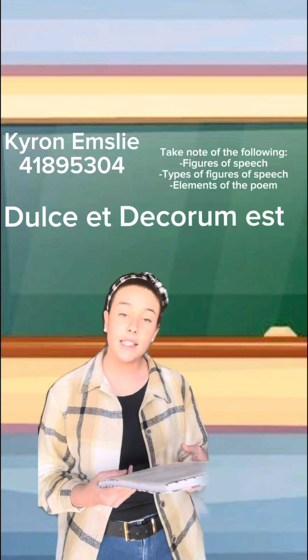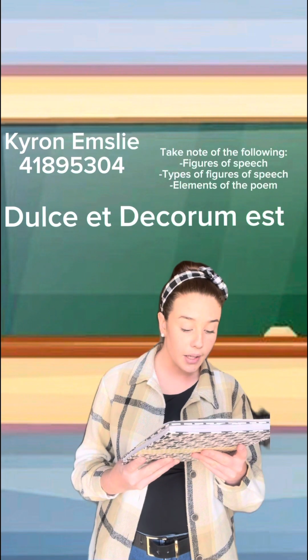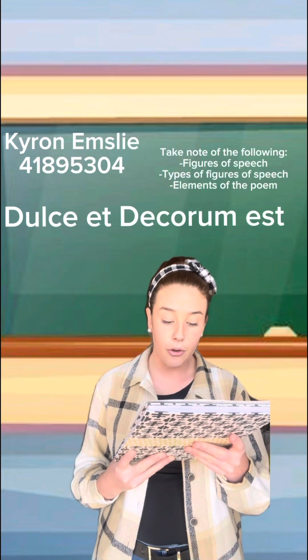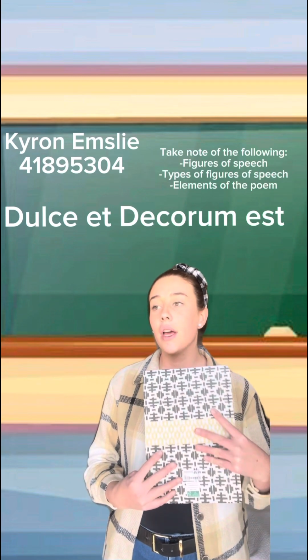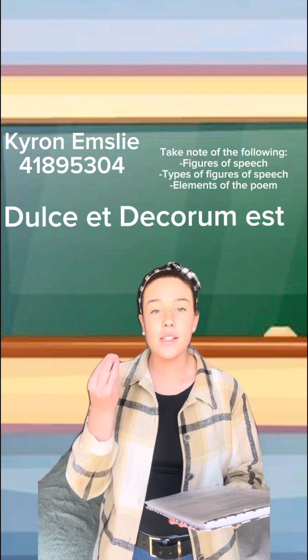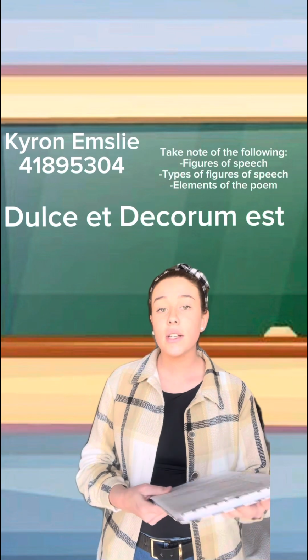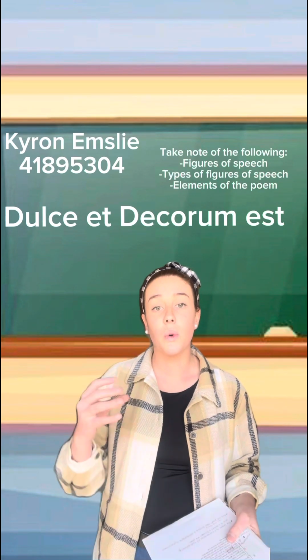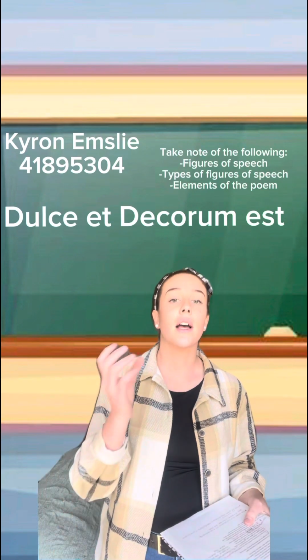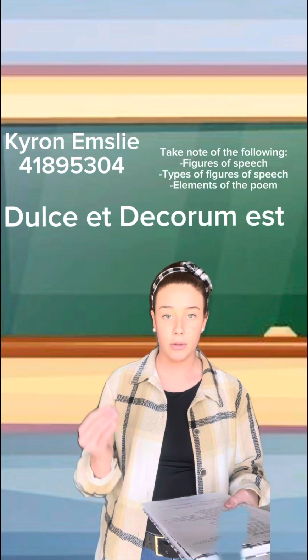Then line 6, stanza 4, is going to be: come gargling from the froth-corrupted lungs. Gargling. If you read the poem, you can hear the sound gargling, and that is an example of onomatopoeia. Why? Because onomatopoeia is a word that represents a sound, so that is why this is onomatopoeia.